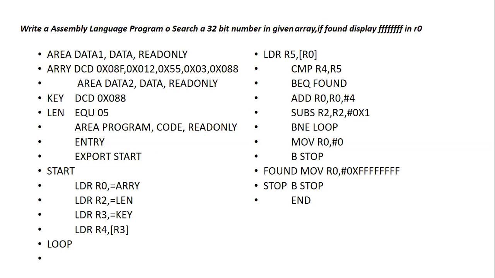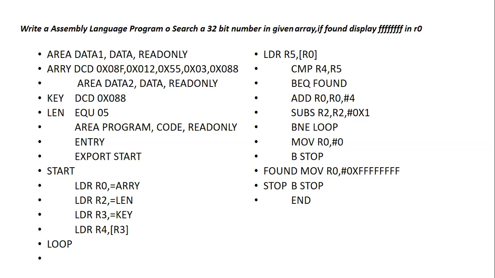If not, just display a 0 in R0. So first, we need to search an element in a given array, and if that number is found, we have to return the value double F in R0. If the number is not found, we have to return 0.